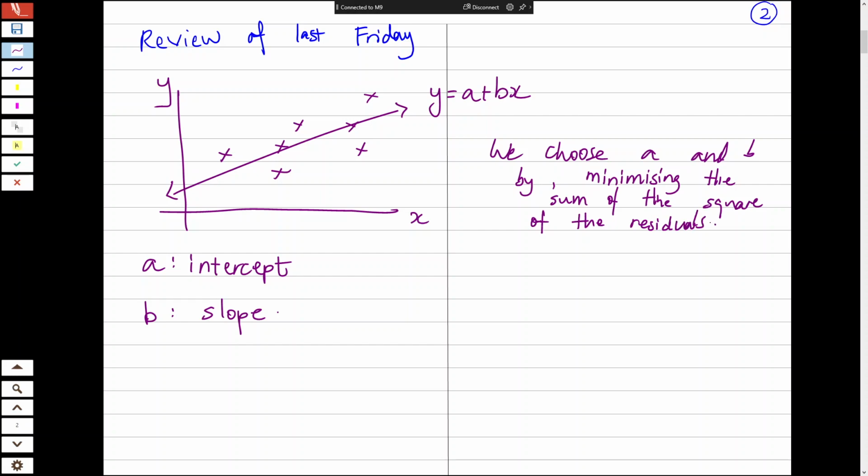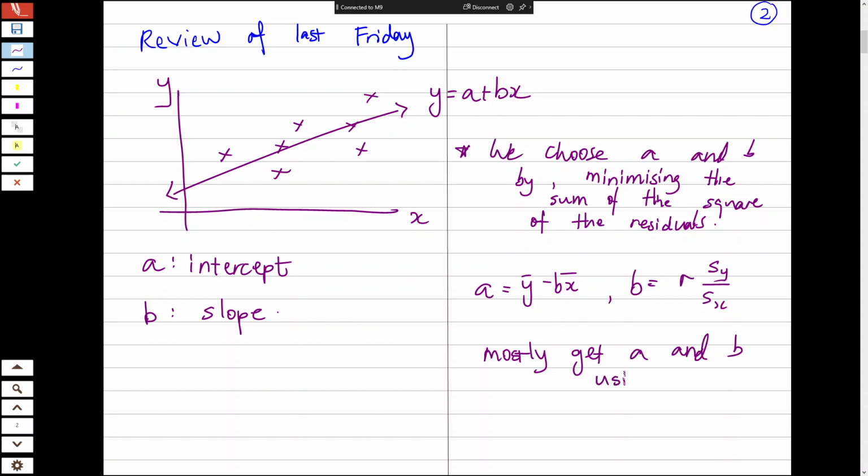I'll go over residuals later because there's an example related to that, but you want to know that sentence. And you get these formulas, which are given on your formula sheet. And most of the time, you don't use those formulas. You just use your CAS. Okay, that was last lesson in a minute.